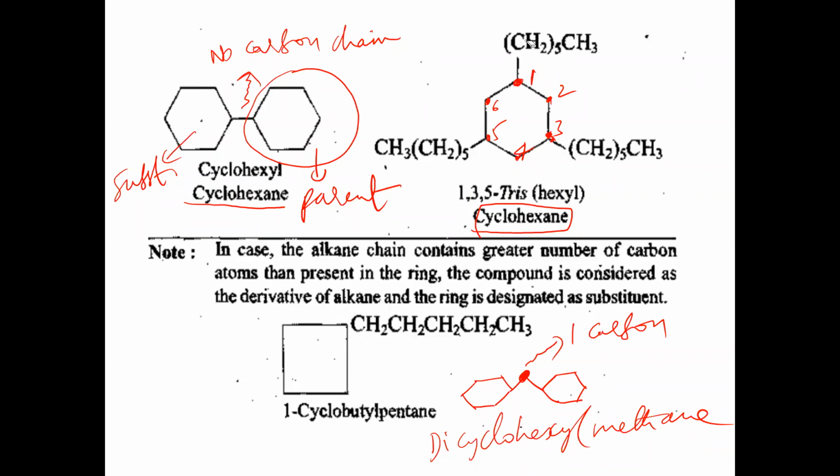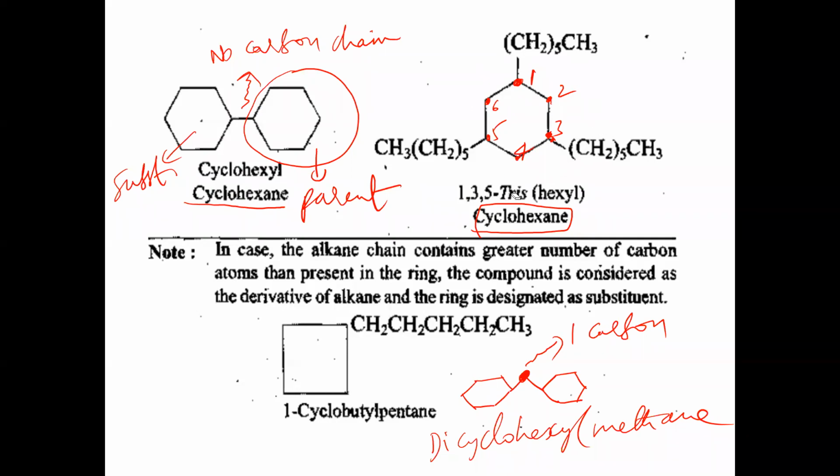The same substituent on the ring is repeated how many times? 3 times.